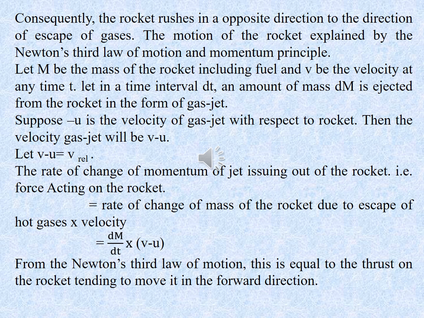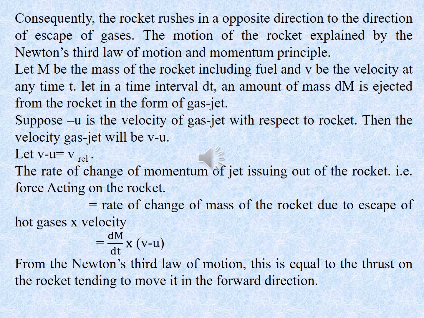The rate of change of momentum of the jet issuing out of the rocket, that is the force acting on the rocket, is equal to the rate of change of mass of the rocket due to escape of hot gases times velocity, that is equal to dm by dt into (v minus u).